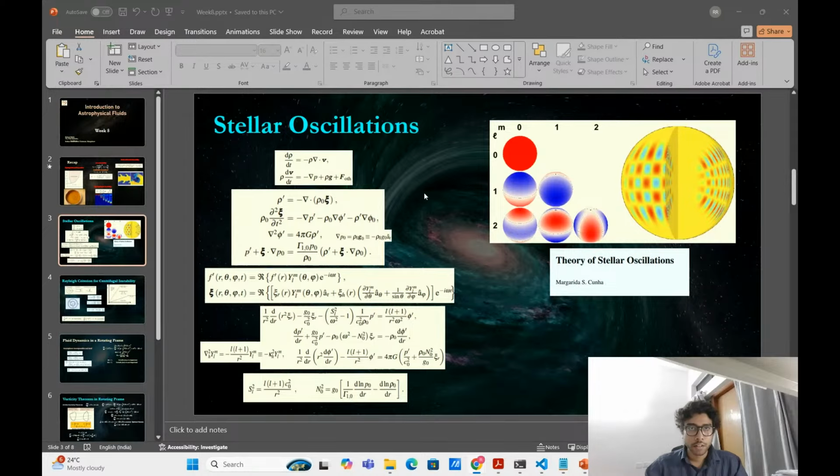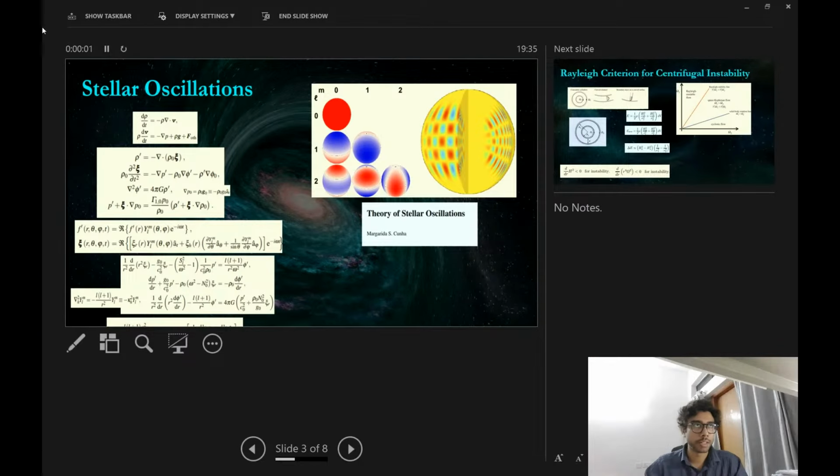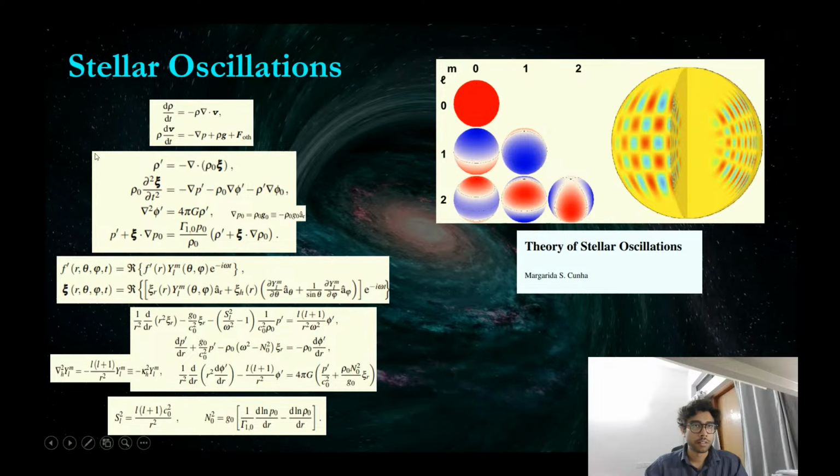Okay, so as I said, after introducing perturbations, the equations will look something like this. This is the continuity equation, this will be the Euler equation, this is the gravity equation, right? And this is the equation of state, right?